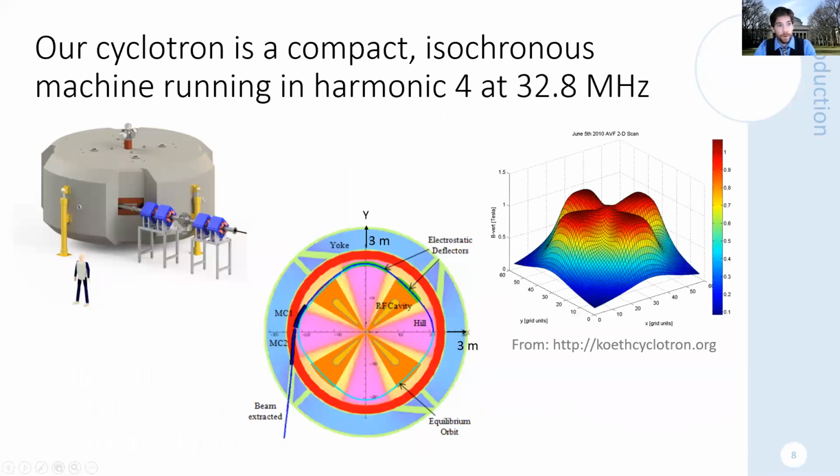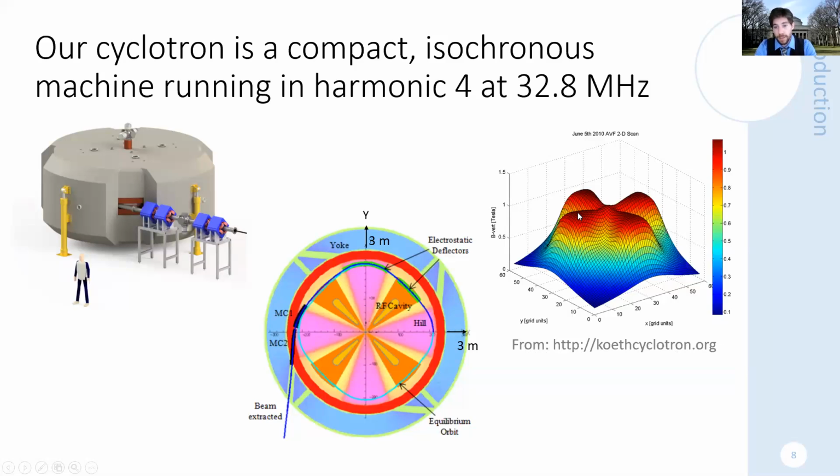All right, so our cyclotron is a compact isochronous machine running in harmonic 4 at 32.8 megahertz. Isochronous means that we're using strong focusing, where along the beam path we have regions of high and low magnetic field. This is also shown here for a different cyclotron. I borrowed this from Tim Koeth from his website, just because it really nicely shows two things.